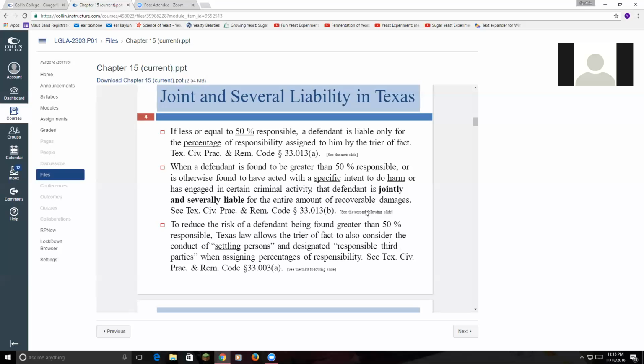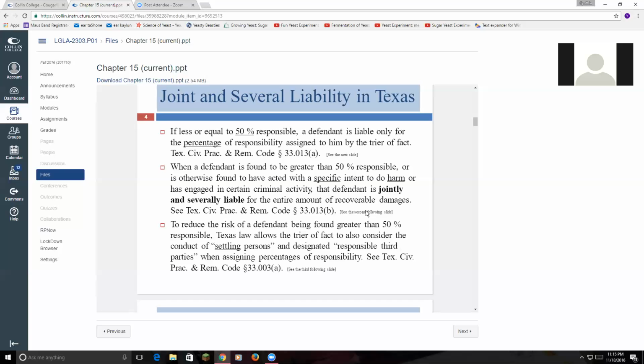Now, in that situation, let's say that the jury found that David was 60% responsible. Anne is 10% responsible. Bob is 20% responsible, and Louise herself, the plaintiff, is 10% responsible. So Louise settles with David before trial, and Louise gets some settlement out of it.